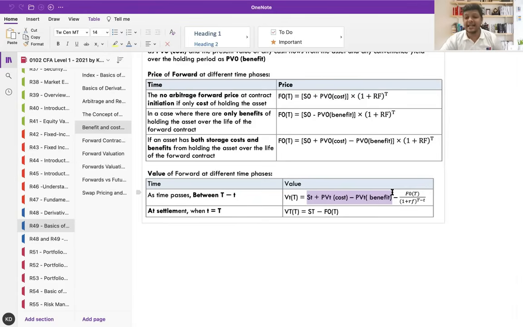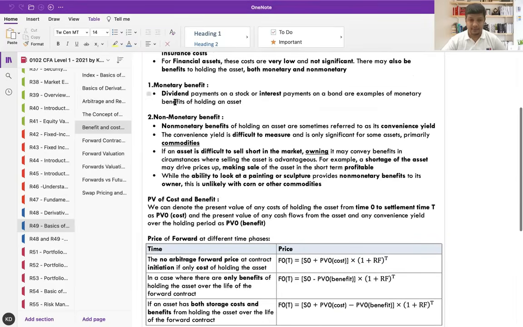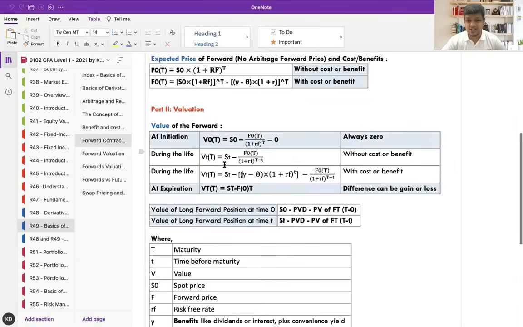So we adjust that into the spot right now and take the present value of the future price, which you had to pay on maturity. If you're paying it earlier, you take the present value of it. On maturity, there is no cost and no benefit. So there's only the difference between the spot on that day and the future price which you had booked initially. Clear? I have not taken at initiation. At initiation, the value is always zero. Clear?